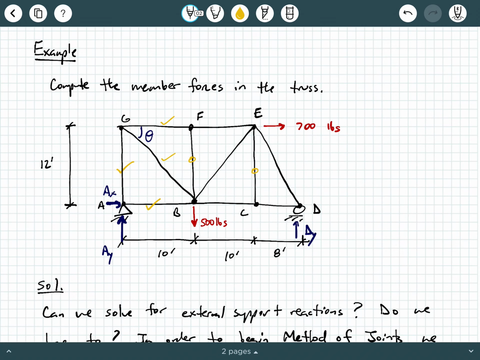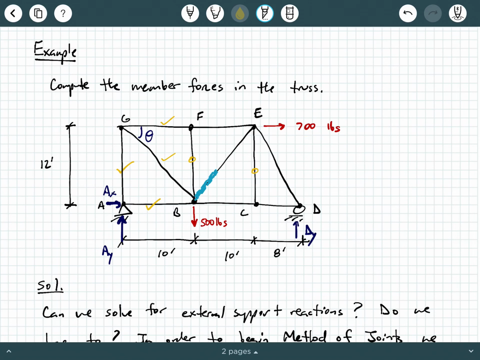Okay, where can we go next? Well, now you have a couple of options. You could go to joint B, because now we have enough information where we can go to joint B, right? We know AB, BG, and we know that BF is a zero force member.